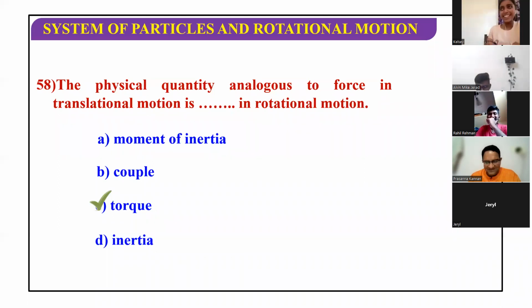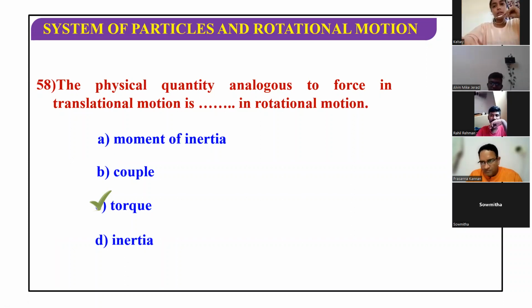Yeah, very good. That's what we were expecting. Okay, anybody else? I am sure Kelsey knows. Kelsey, tell me what is a couple? Equal and opposite forces acting on a body. Absolutely. So, Rahil, you got it? Yes, sir. Equal and opposite forces which are acting on a body.